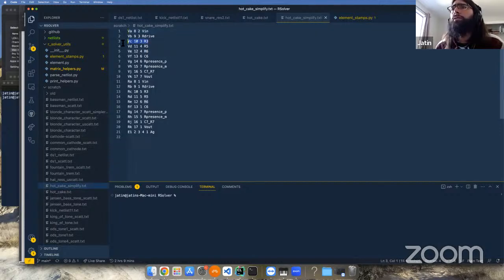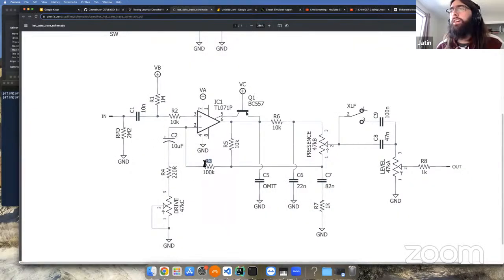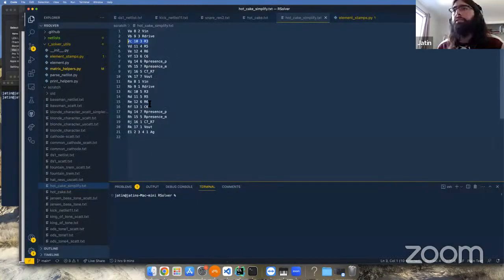So what we're going to do is whenever we have a port that is just a resistor, we're going to get rid of the voltage source in the Thevenin equivalent circuit. So here we have R3, which goes from 3 to 5. So we're just going to have that all be handled with this resistor here and get rid of the additional node that we had there.